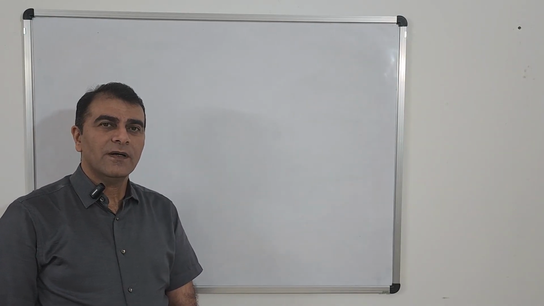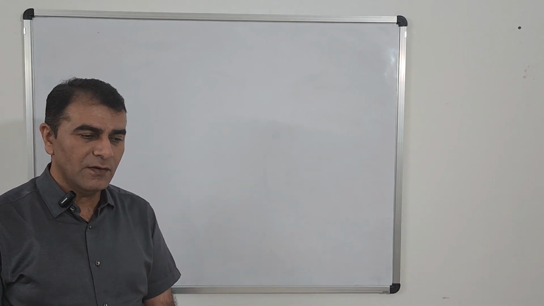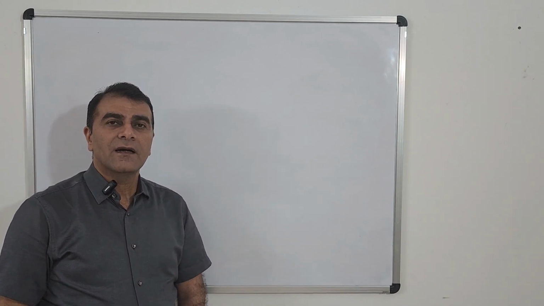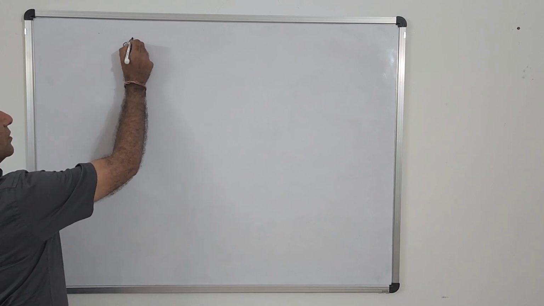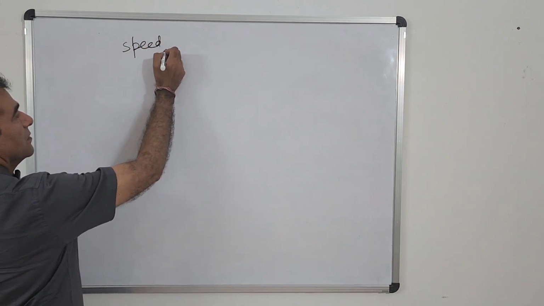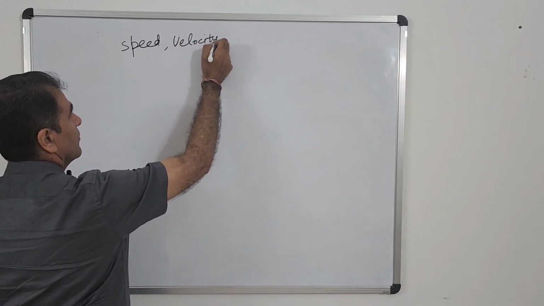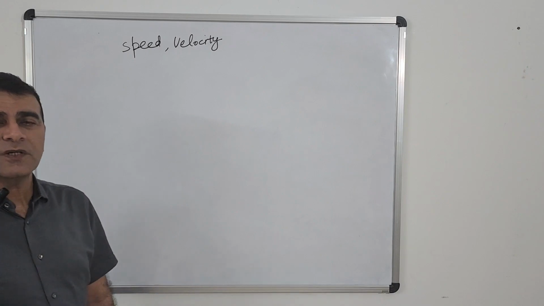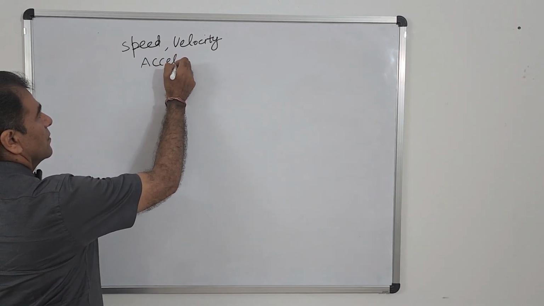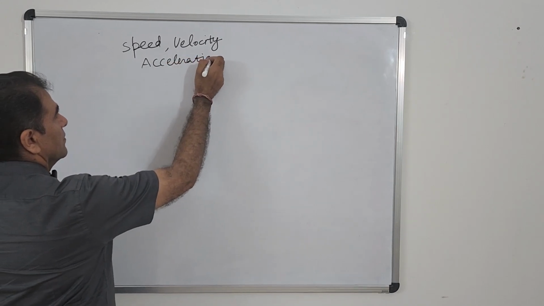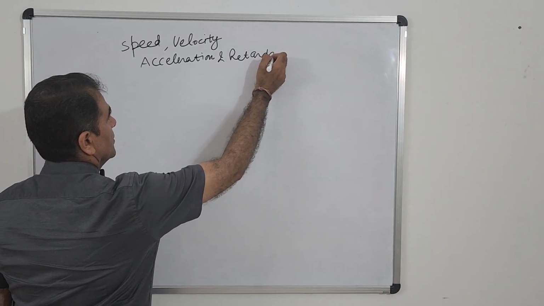So, coming back to where we left in the last lectures of motion, today we will discuss these terms: speed, velocity, and the difference between these two terms, then acceleration and retardation.